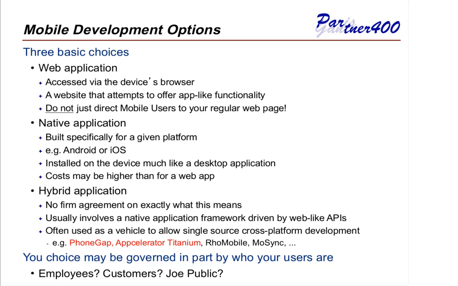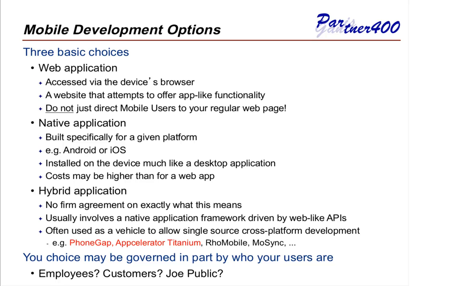Hybrids are often the vehicle that allow for cross-platform development, so you have things like PhoneGap, Appcelerator, Titanium, Grow Mobile, and so on. These are tools that allow you to develop apparently native apps using a set of components that are built to run natively and which are then driven by a web-like interface.